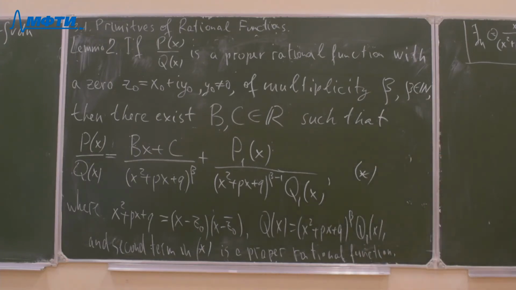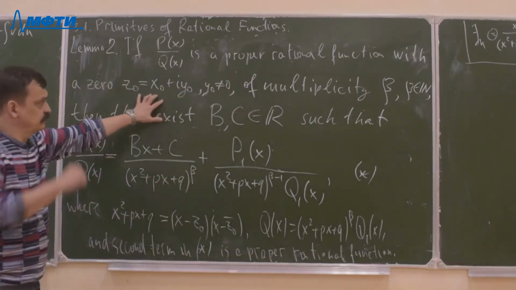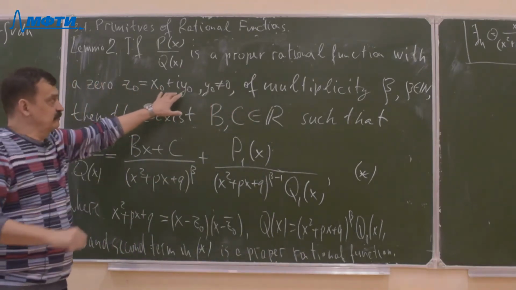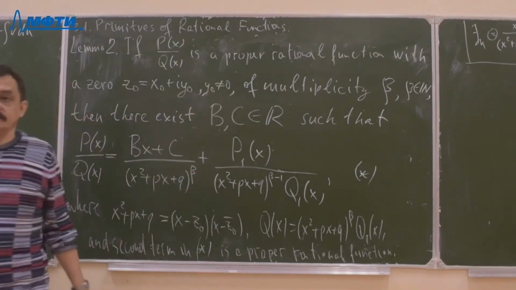So that is an analog of lemma 1 for complex zero. You see now, if we have a complex zero, right? Not real, complex non-real zero.